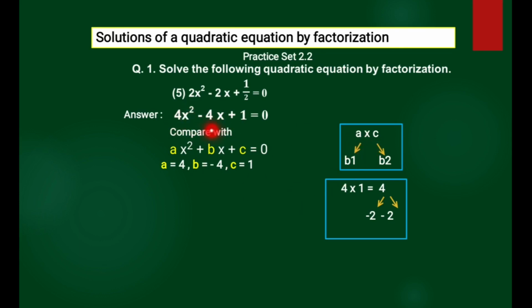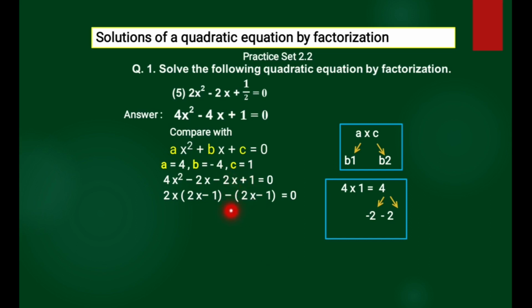So we write here minus 4x as minus 2x minus 2x. Take 2x common from the first two terms and take the minus sign from the last two terms. So see, after taking 2x from the first term we get 2x. After taking 2x from the second term we write here minus 1, and from the last two terms we take the minus sign common only.